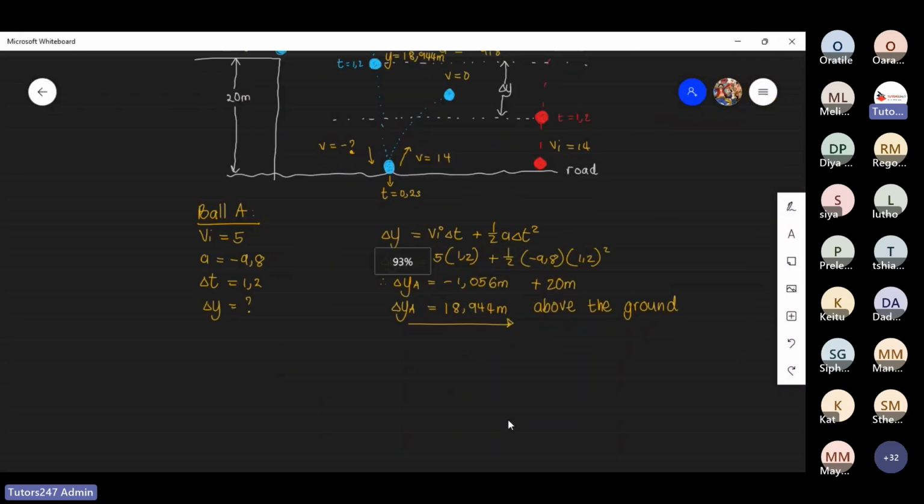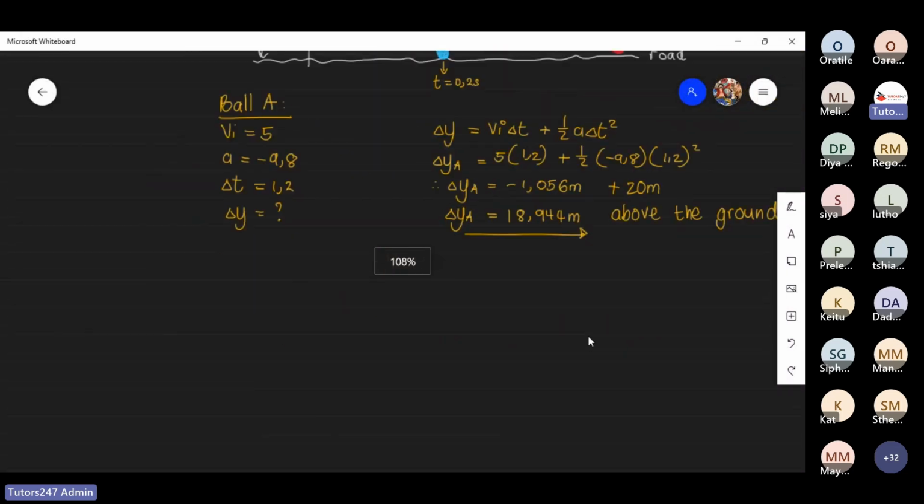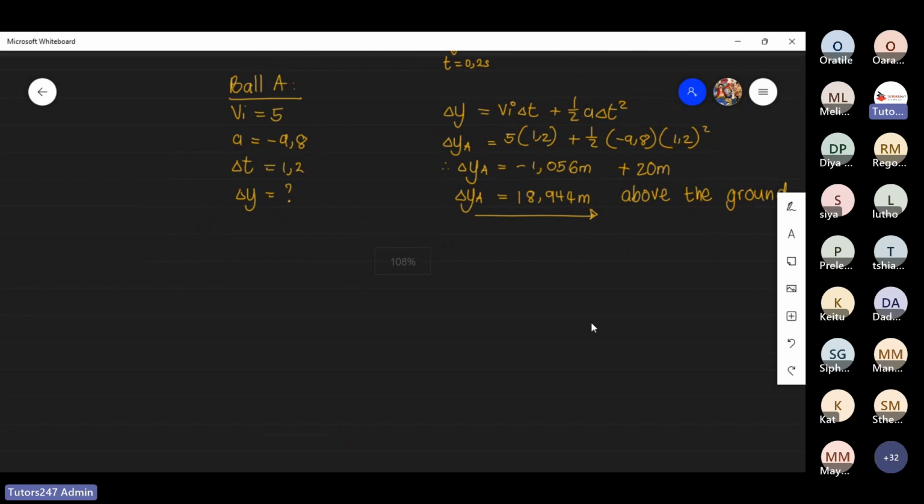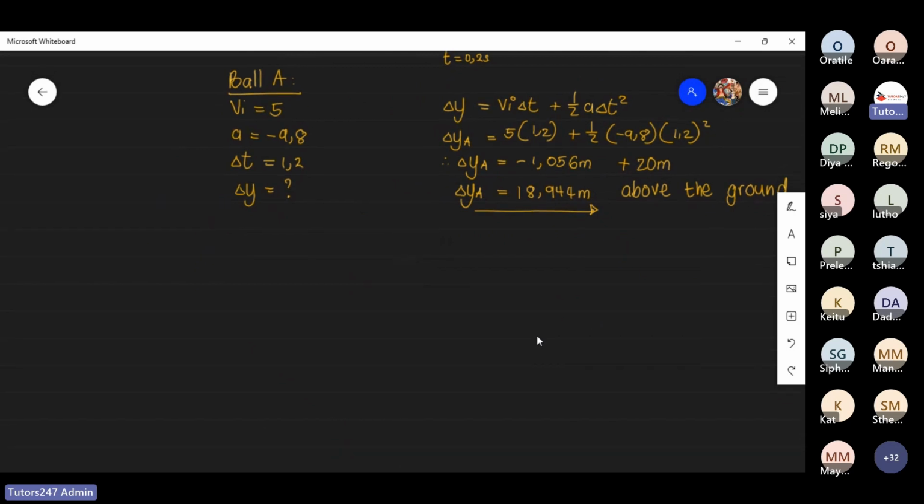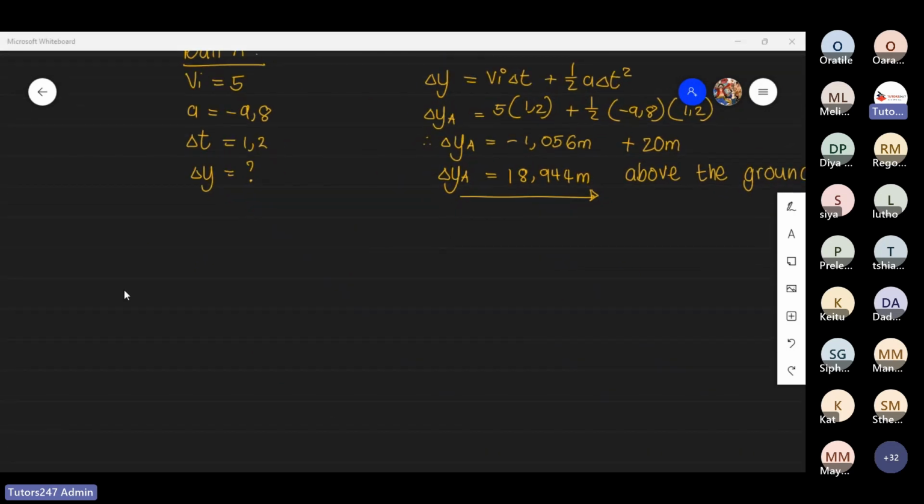Now we need to find out what is the height above the ground of ball B. So let's make a list of the information that we know regarding ball B. We know that ball B was projected with a velocity of 14 meters per second from the ground, which means it has an initial velocity of positive 14 meters per second.